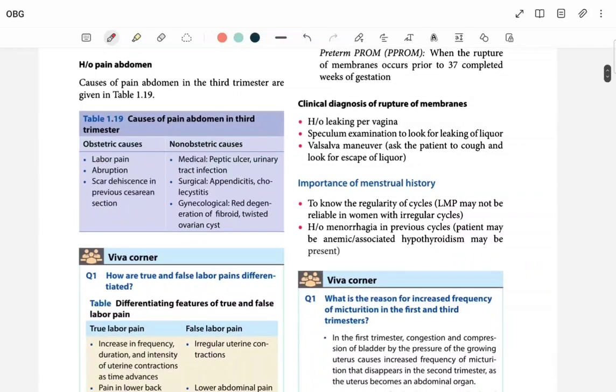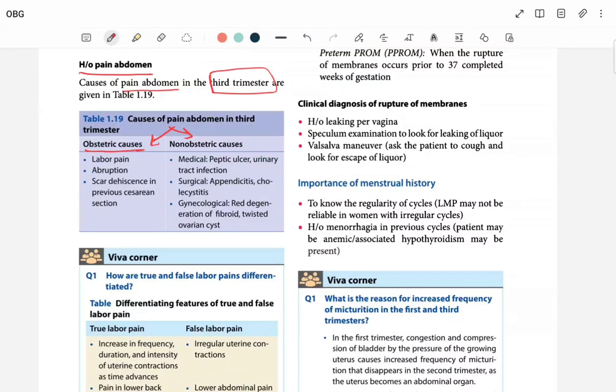So next, coming to the history of abdominal pain. What are the causes of pain in the abdomen during the third trimester? There are two kinds of causes.